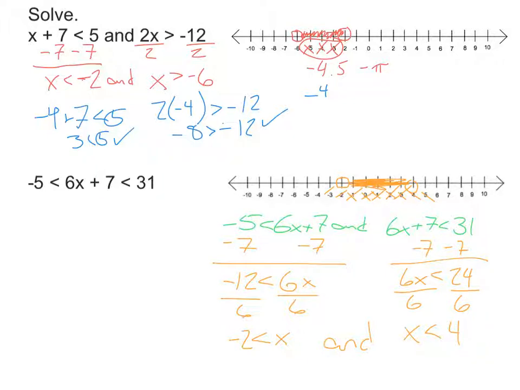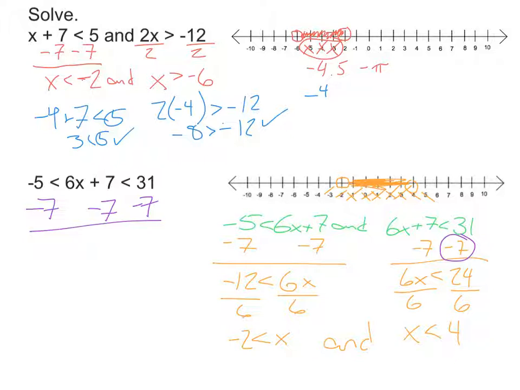Now, if you notice what we did, I could solve the original problem as it stands, but when I subtract 7, much like I had to subtract 7 from the 31 and from the negative 5, I have to subtract 7 on both sides.